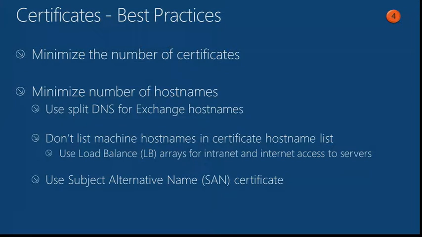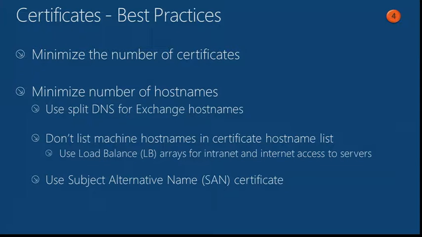So the best practices for certs really is based on how you're handling your namespaces. We really want you to minimize the number of namespaces that you'd use. You don't need, for example, a separate namespace for Outlook web app versus the one you may be using for, say, for instance, an IMAP or a POP client, or maybe even an Outlook client.